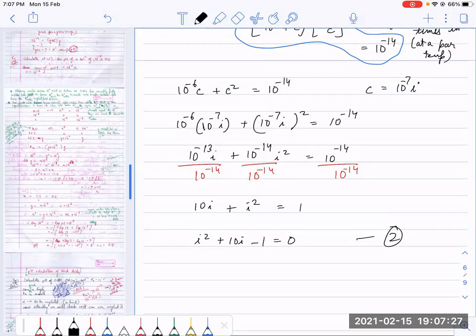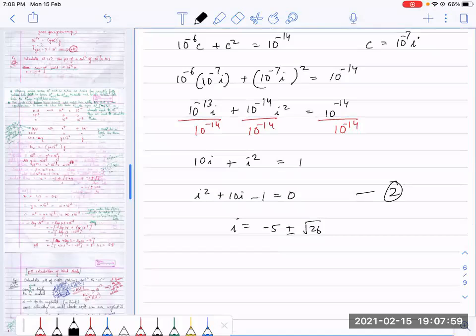Should I tell the value? Yeah, please. Minus 5 plus or minus root of 26. No, sir, minus 5 plus or minus root 26. Is this whole value in negative? Minus 5 plus minus root 26. Okay, we are going to only take the positive values, obviously.